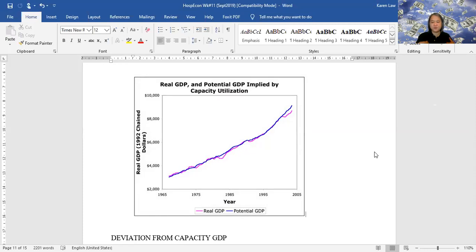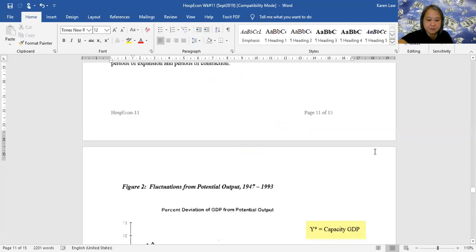Just because we have our GDP of full employment, how much GDP we should be producing given all the resources that we have, all our land, labor, capital, oftentimes, as you see in this graph, the economy doesn't always end up producing where we should be.